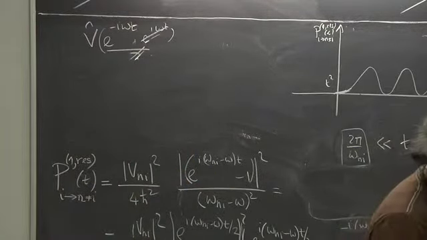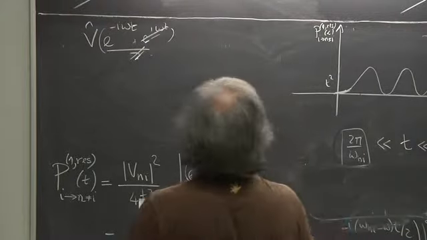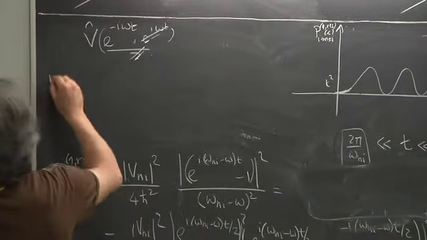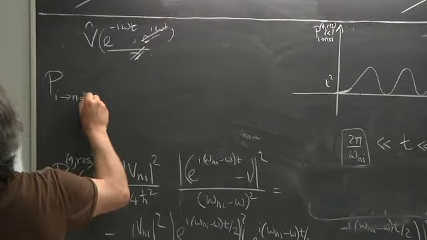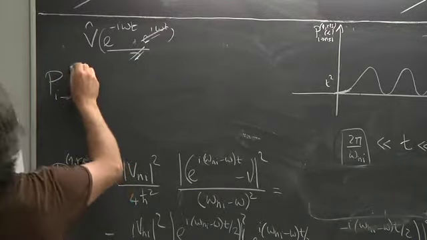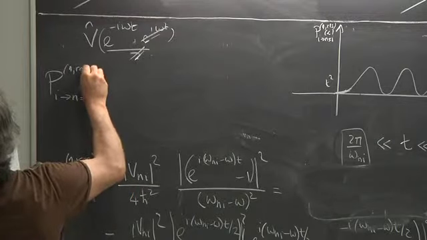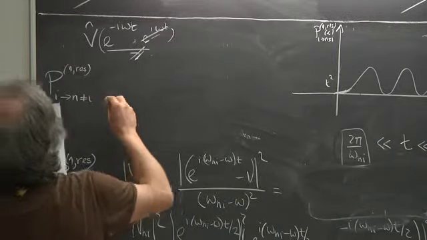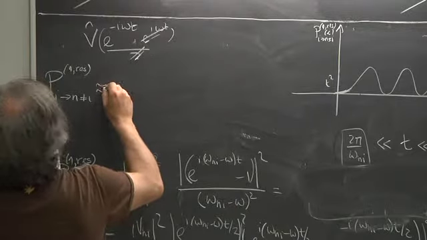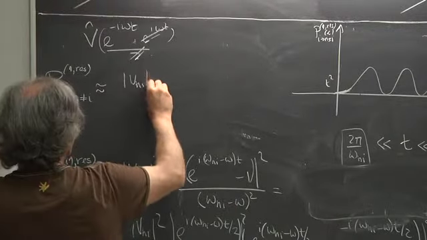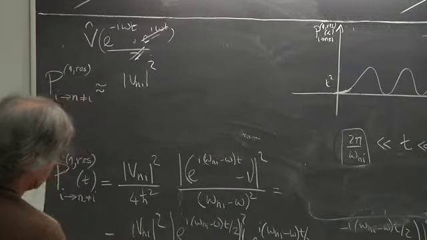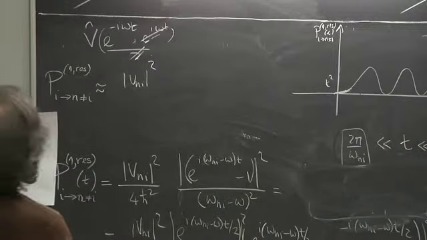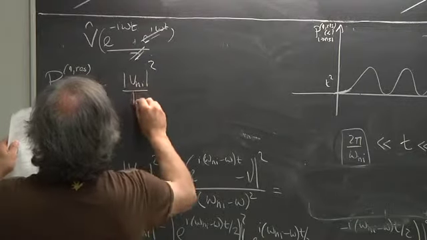This tells me immediately, if I calculate exactly the same quantity, that the probability of exciting the system from I to n different from I, only for resonant, because I'm keeping only the resonant thing, would be V n I, the same expression I had before. The only difference is that I am dropping also the factor 4.